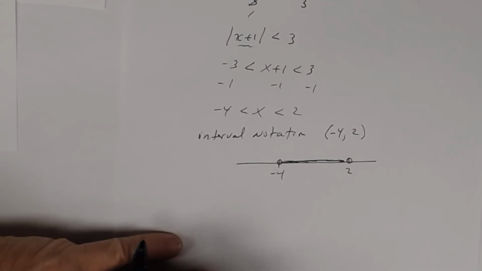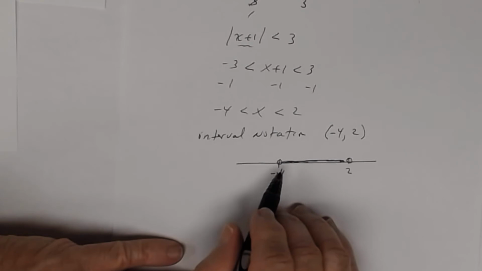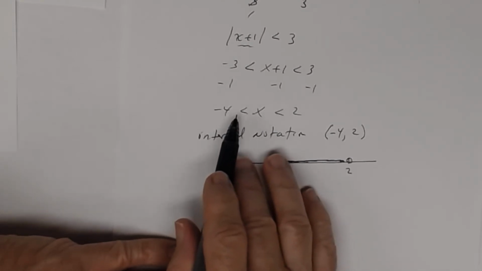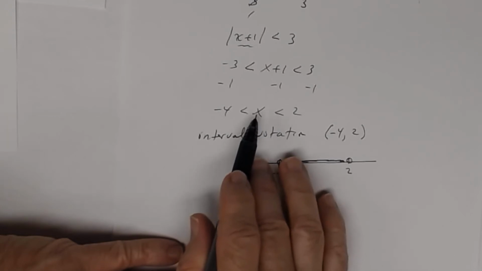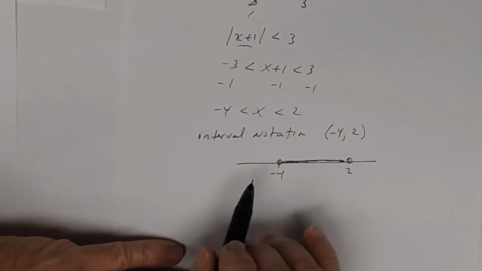Now, I want to make sure you understand why we put an open circle here, because remember, there's no equal sign, so x cannot be negative 4. My solution cannot be negative 4. Make sure you understand why.